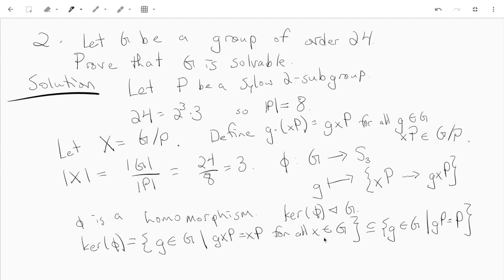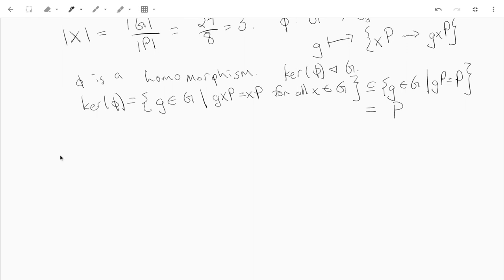Instead of for all x, I just take x equal to the identity, and then you just get gP equals P. But that's just the entire group P. So the kernel of phi is contained in my Sylow 2-subgroup. That means the kernel of phi has 1, 2, 4, or 8 elements.